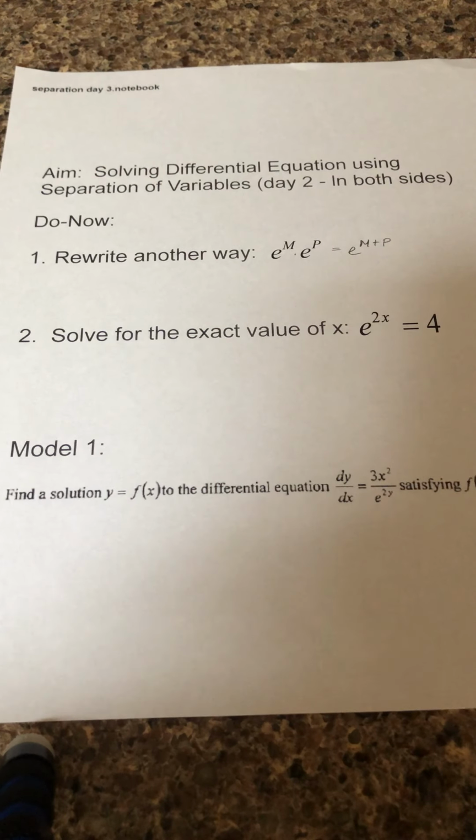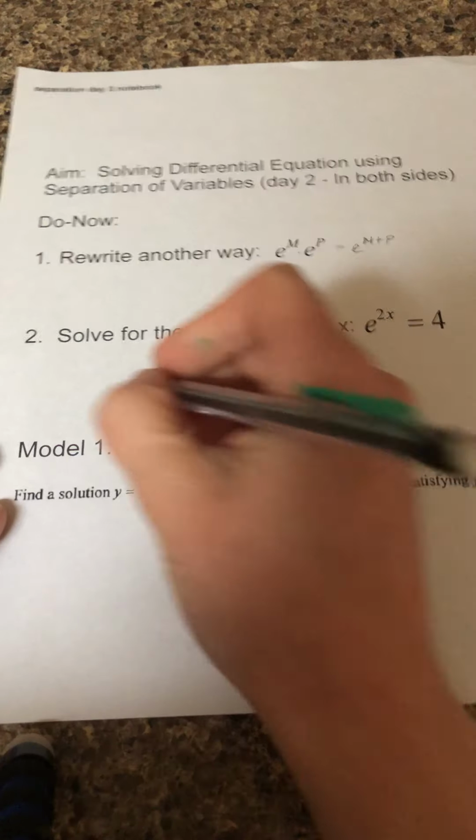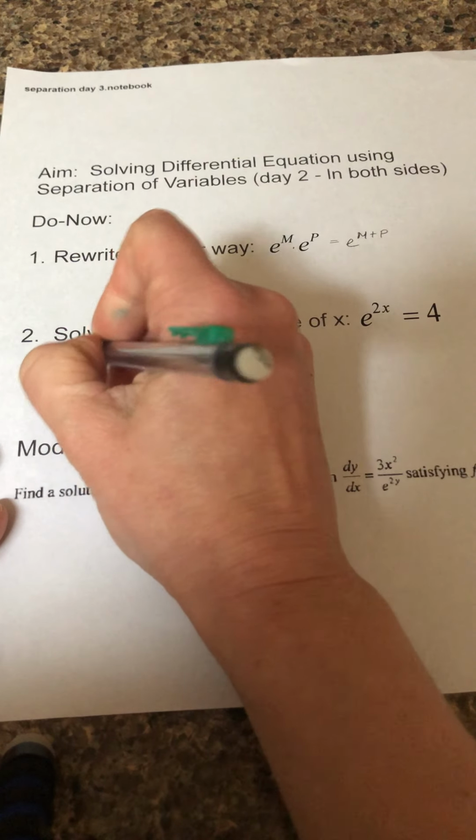Now, last year, as well as in Algebra 2, there was one of two ways that you learned how to do this. The first way would be to convert to log form.